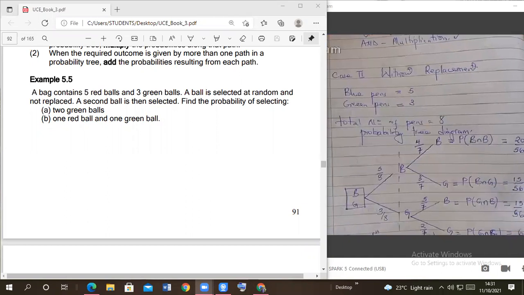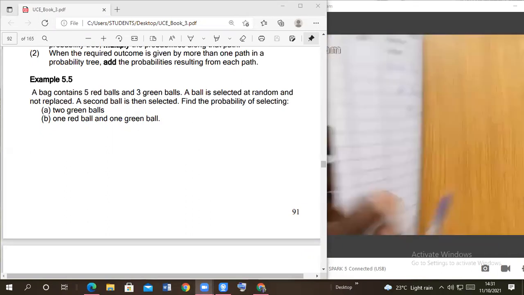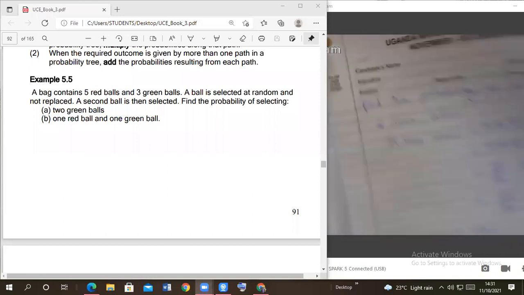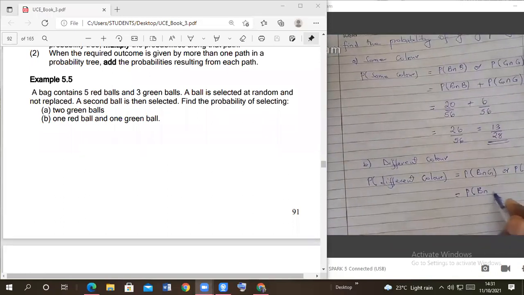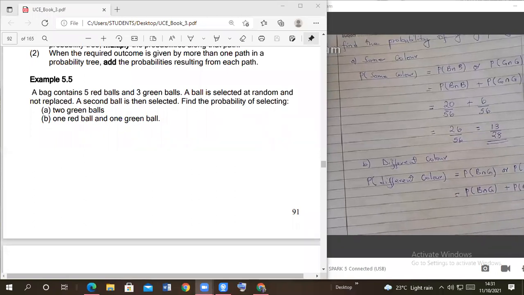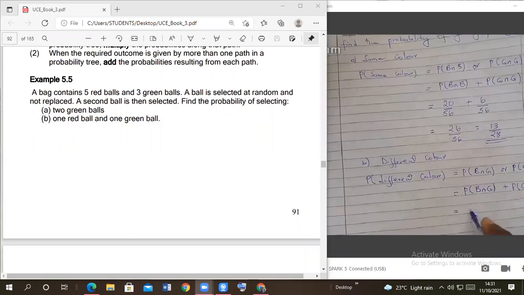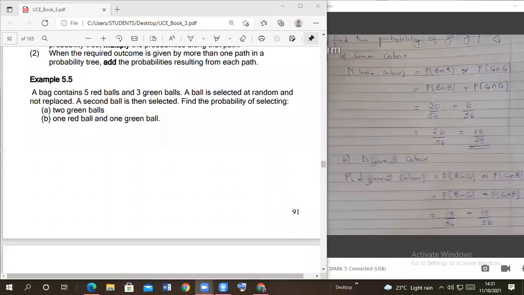Because they're saying different color. So this gives us the probability of getting blue and green, plus the probability of getting green and blue, which is 15 out of 56 plus 15 out of 56.